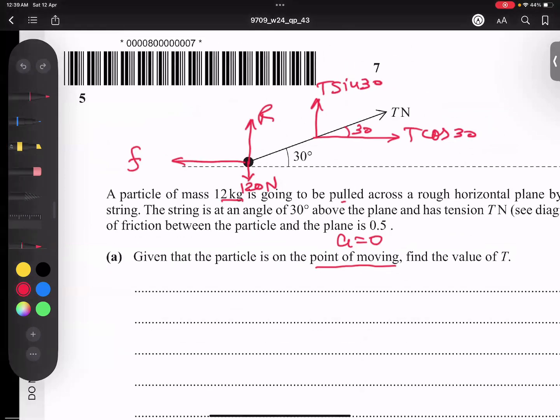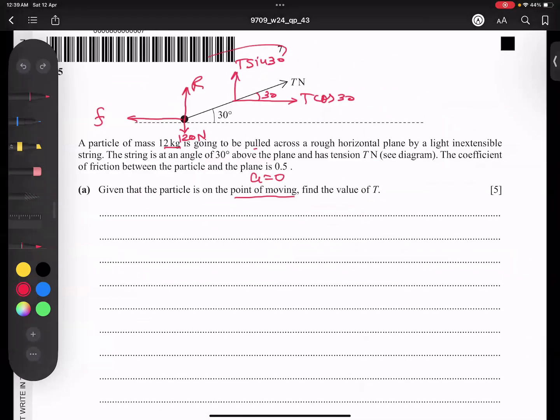Now this is R, naturally the normal reaction of any particle placed on a horizontal track. So now we can find it easily. What is the R component? These two forces act upward and this downward. I can say here R plus T sine 30 is equal to 120. And sine 30 is half, so this is T by 2. And R, I got 120 minus T divided by 2. How did I get 2? Because sine 30 is half.